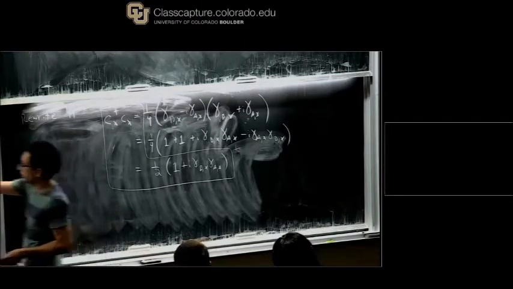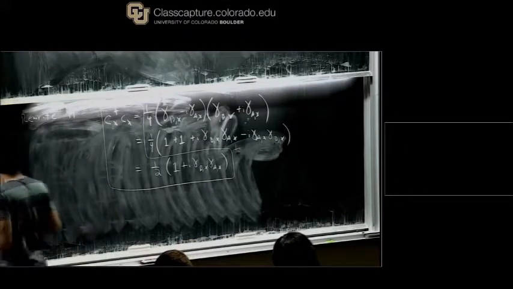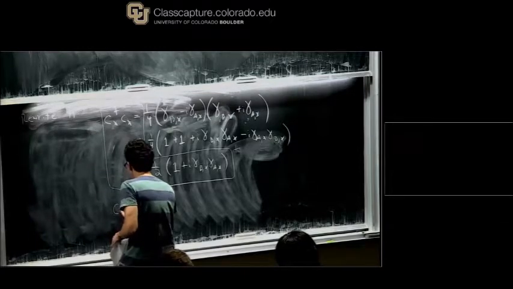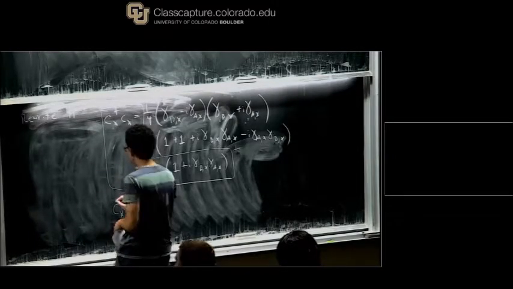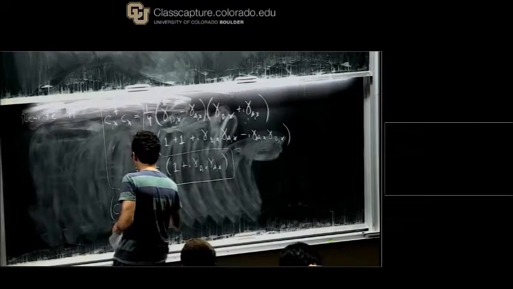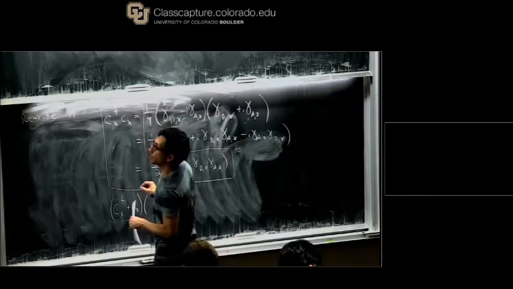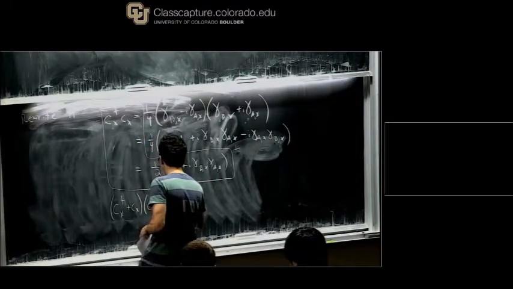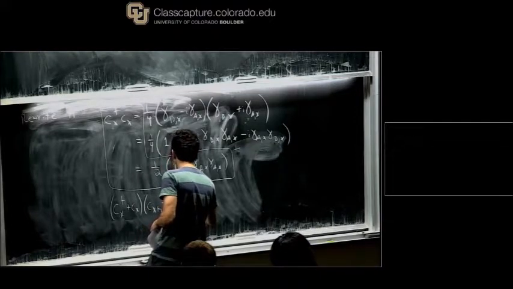All right, so the other piece is actually a little bit more straightforward. So CX dagger plus CX times CX plus 1 minus CX plus 1 dagger.